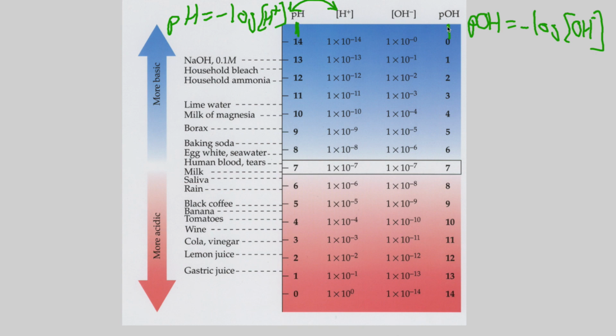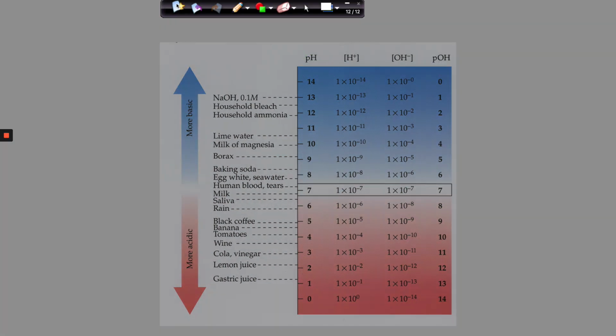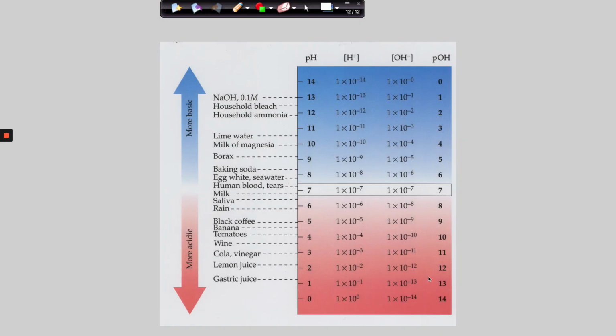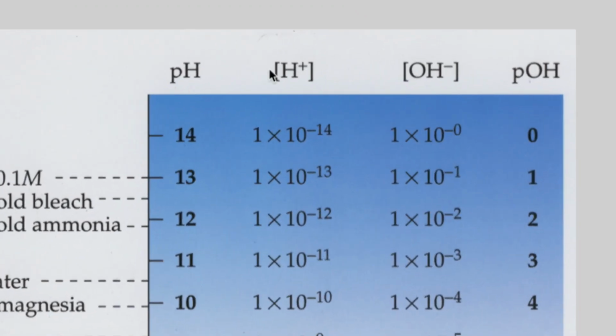Yeah? Okay. So guys, that then means we can do this. Taking this to the horizon, we are now comfortable with these relationships between hydrogen and hydroxide. The product of their concentrations is always 10 to the -14th.